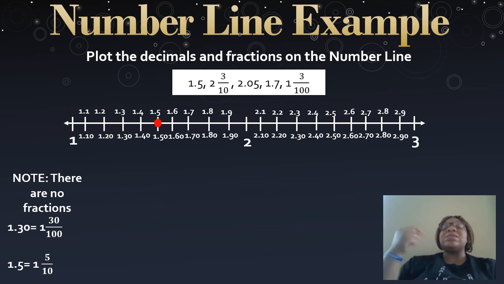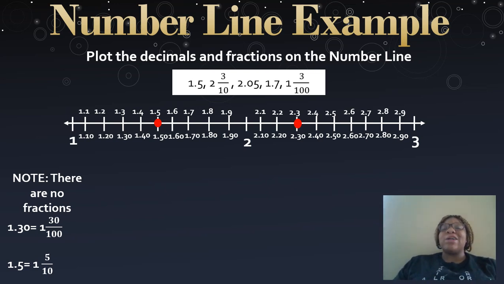Good, because that's something that's already on my number line that I can see. So 2 and 3/10. I know the whole number is 2. And if I think about my place value chart, I know that the tenths place is right after the decimal. So I'm believing that would be 2.3. I am correct.